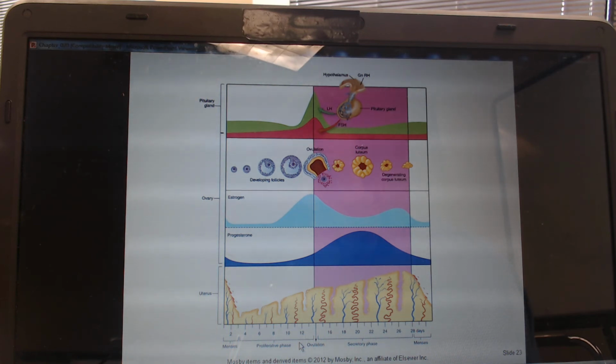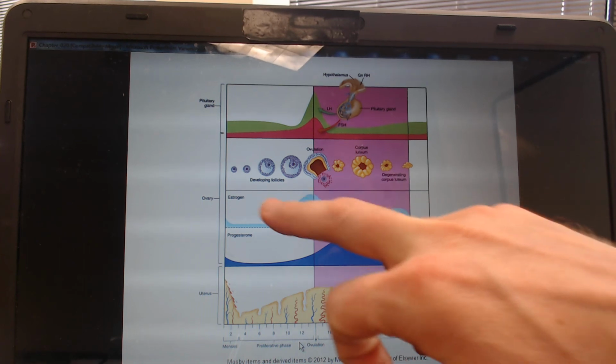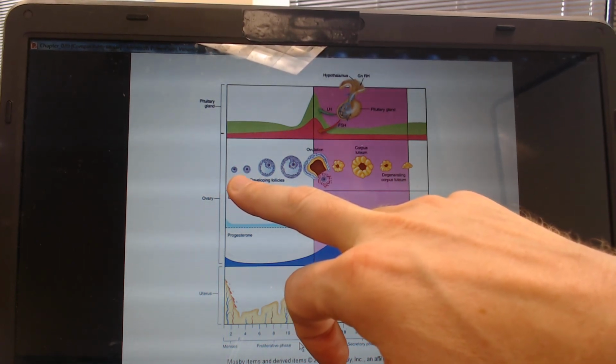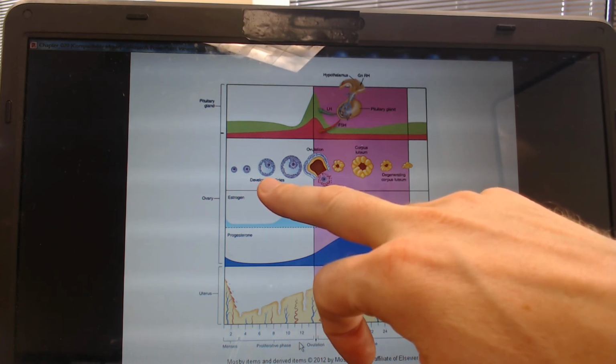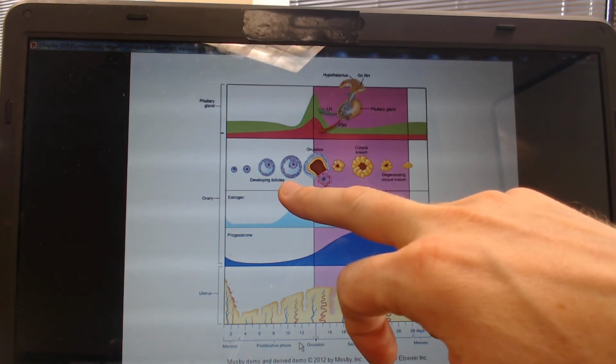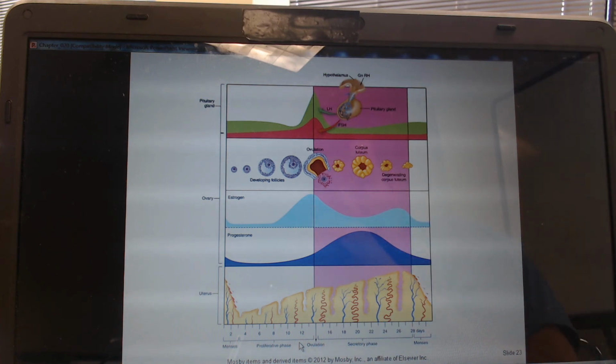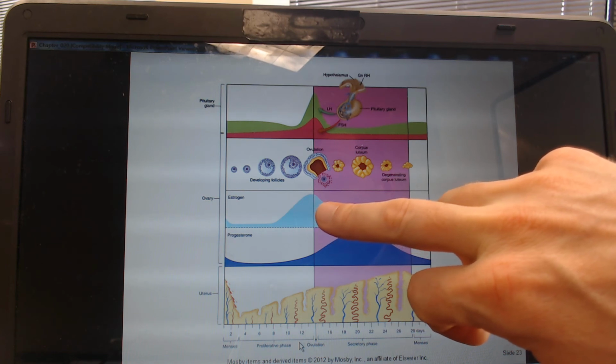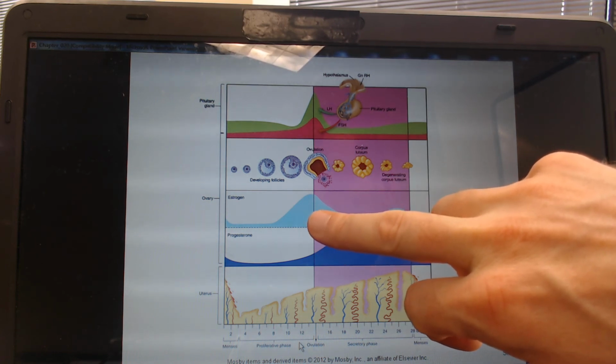We can see from the picture just below that the developing Graafian follicle matures in the presence of the hormones secreted by the pituitary gland until ovulation occurs, and then we see a decrease in the hormones of the pituitary gland, but we also see a commensurate increase in hormones from the ovaries themselves.